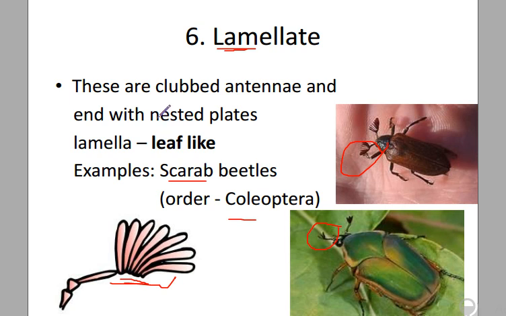These are clubbed antennae with nested plates. These are plates at the end, and the end segment is the pedicel. So this is the lamellate type of modification in insect antennae.